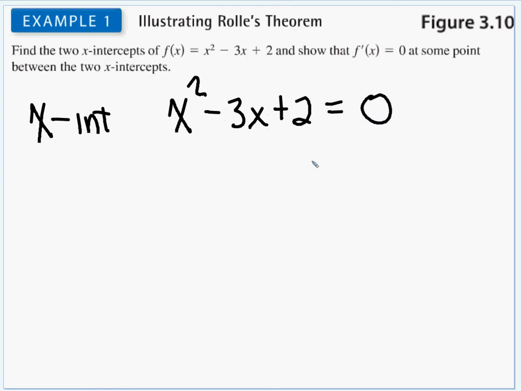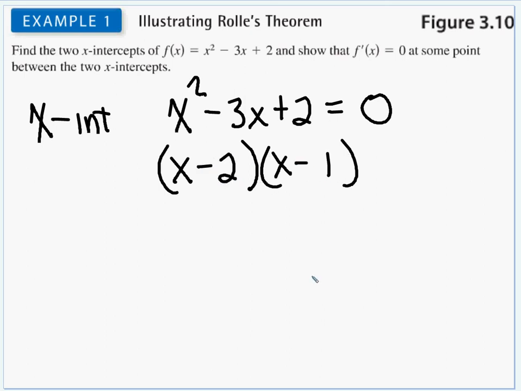And this one will factor nicely. We need two numbers that add up to -3 and multiply to +2. That's got to be a -2 and a -1. And if we set each of those to 0, we get x equals 2 and x equals 1. Okay, so these are our x-intercepts. And actually, these set up the first part of Rolle's theorem.